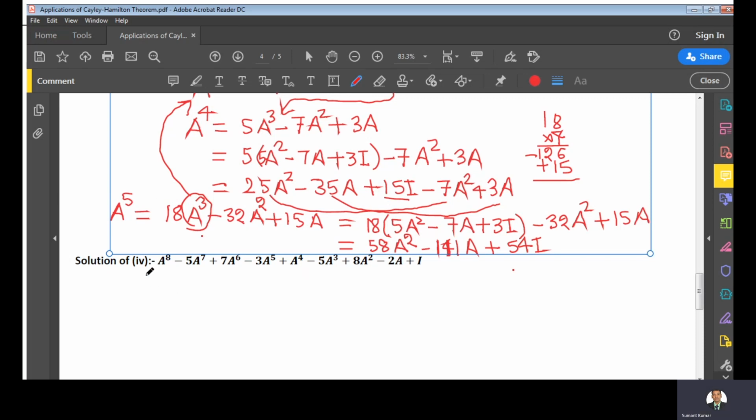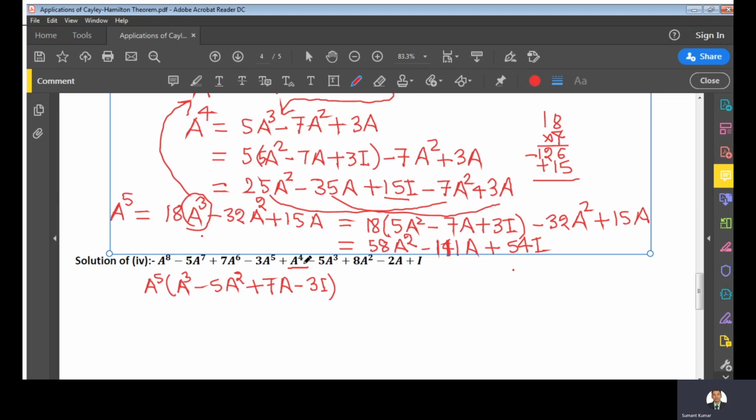So let us take common here A raised to the power 5. So what will we get? We will get A raised to the power 3 minus 5 times A raised to the power 2 plus 7 times A, correct? And here you will get 3i, right?